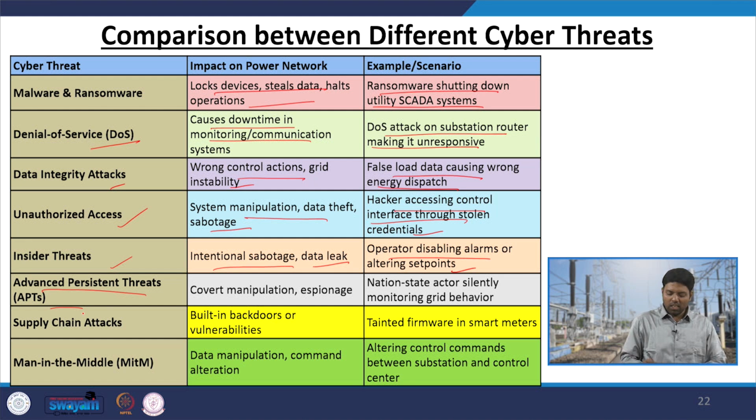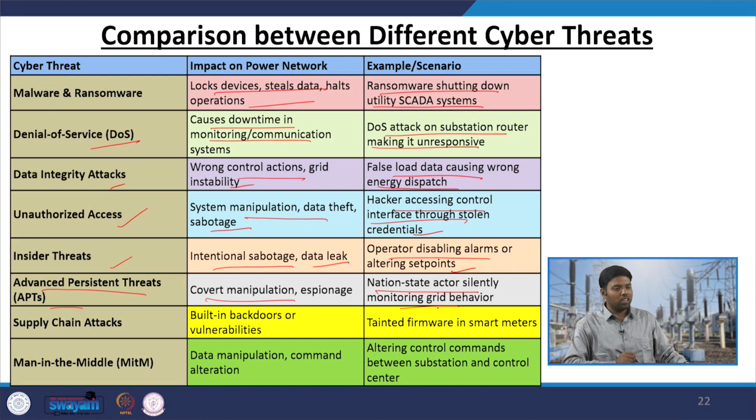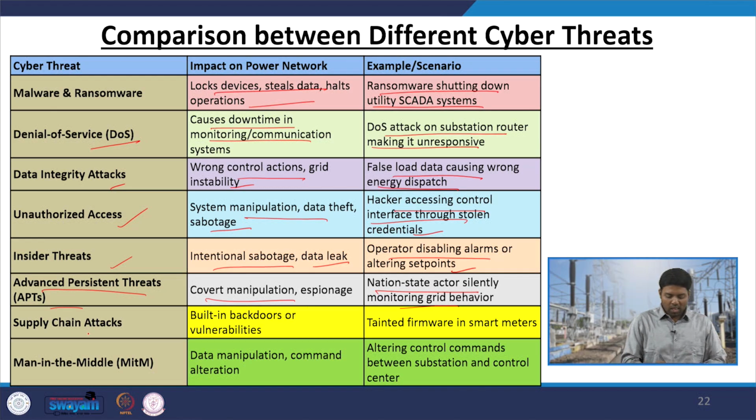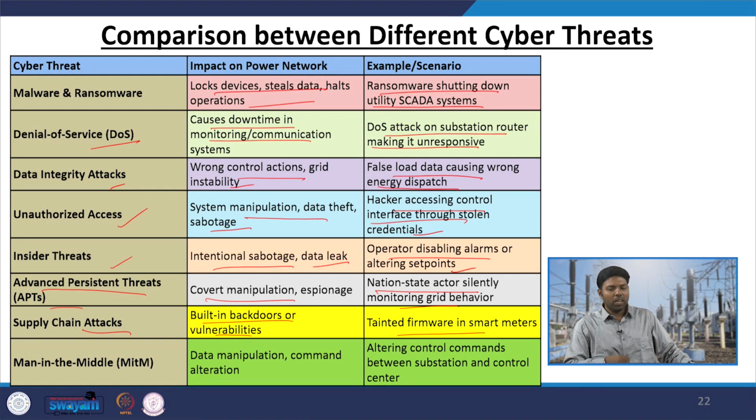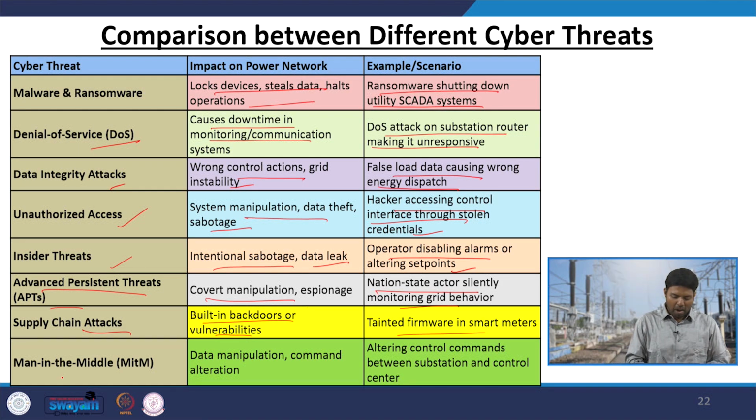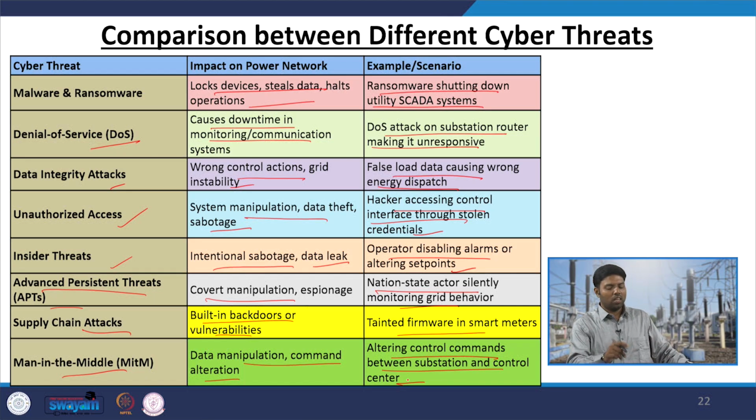Advanced persistent threats: covert manipulation, such as a nation state actor silently monitoring grid behavior. Okay. Supply chain attacks: built-in backdoors or vulnerabilities, such as tainted firmware in smart meters, that means you are tampering the smart meters. Man in the middle: data manipulation and command alteration, altering control commands between the substation and the control center is the scenario.